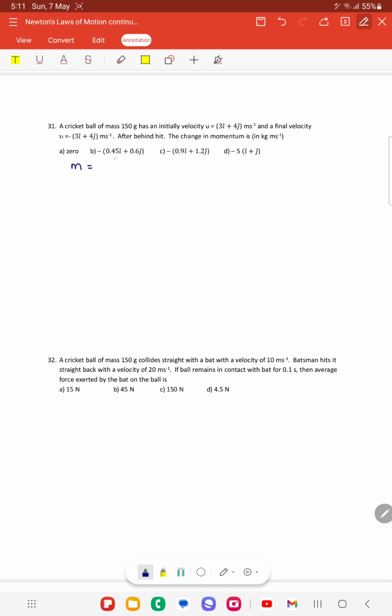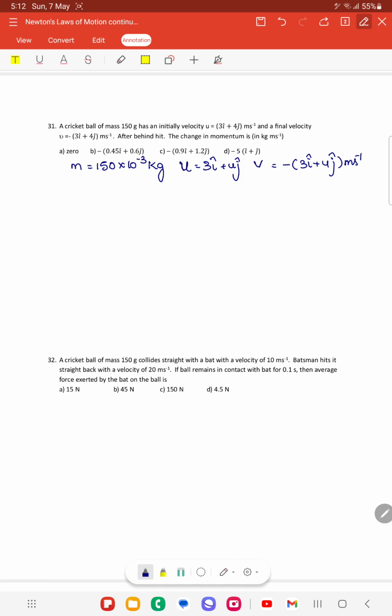So mass is given as 150 gram, that is 150 into 10 raised to minus 3 kg. The initial velocity is 3 i cap plus 4 j cap meter per second, and the final velocity is minus 3 i cap plus 4 j cap meter per second.